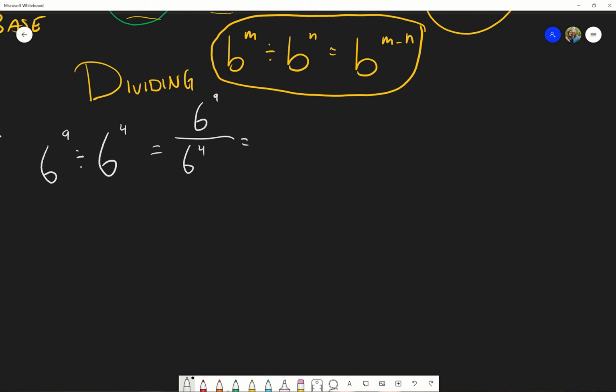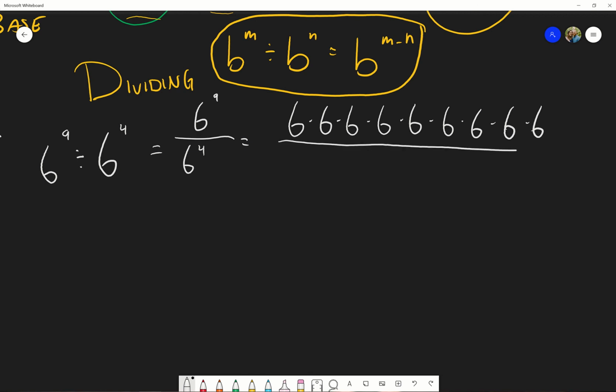And if I maths that out, I would get 6 times 6 times 6 times 6 times 6 times 6 times 6 times 6 times 6. I think that's 9: 1, 2, 3, 4, 5, 6, 7, 8, 9. 9 on top, and 6 times 6 times 6 times 6, 4 on bottom.